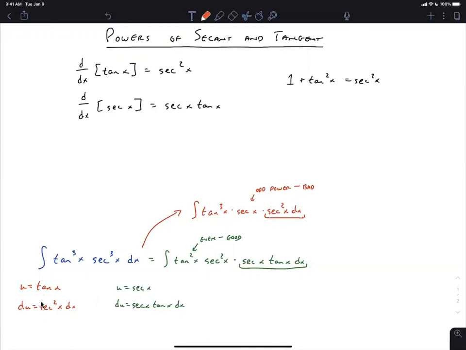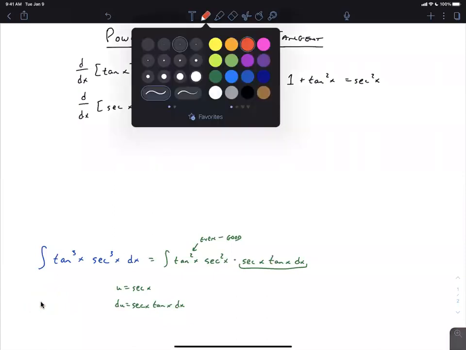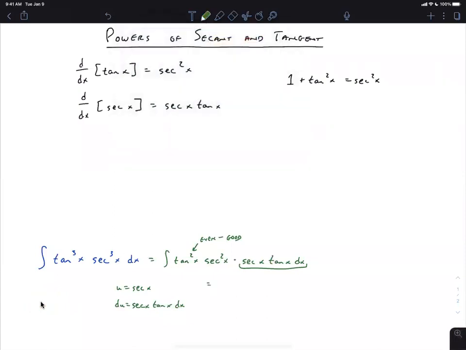So everybody get that idea? Is everybody clear? Okay, and so I'm going to erase the stuff that I've got in red because we're not going to actually use that approach. We're going to go with this approach where we've got the even power. Now we're going to rewrite tangent in terms of secant, based on this identity, tangent squared is equal to secant squared minus 1.